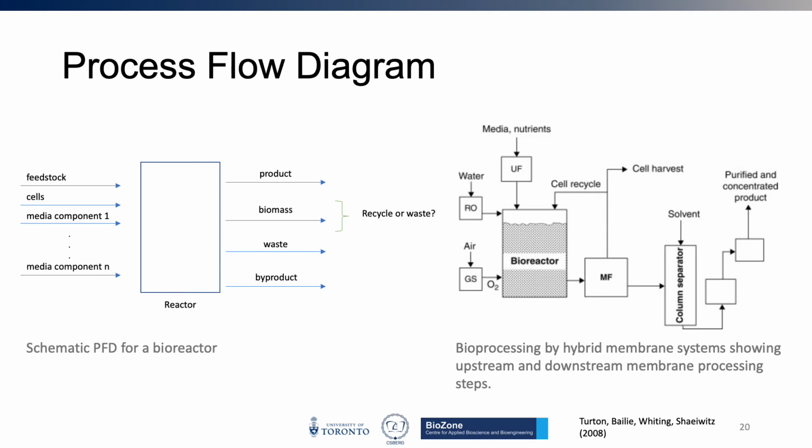What comes after are all the filtration steps needed to separate your product from the cell culture, so you get the purified and concentrated product. The reason that I have this here is that I wanted to emphasize that for a thorough economic analysis, you'll need to focus on your whole process from start to finish and not just the bioreactor.